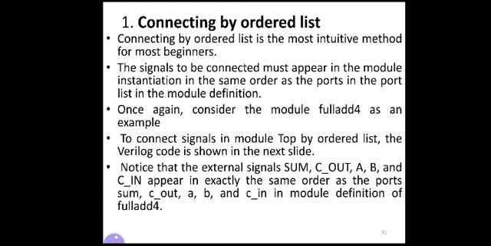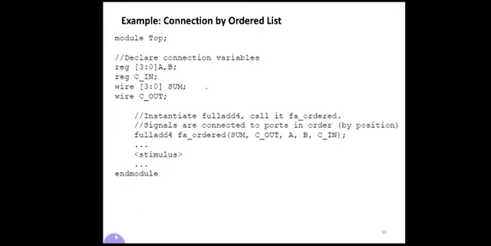Same order means, suppose you write sum in the first position in module top, then in the module definition, that is in module full add 4, sum should also be at the first position only. Like this the order is maintained. Observe the example, that is connection by order list.